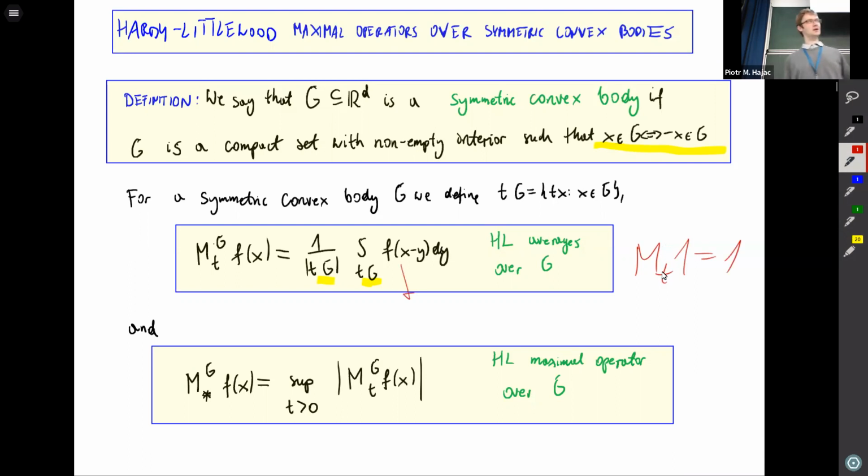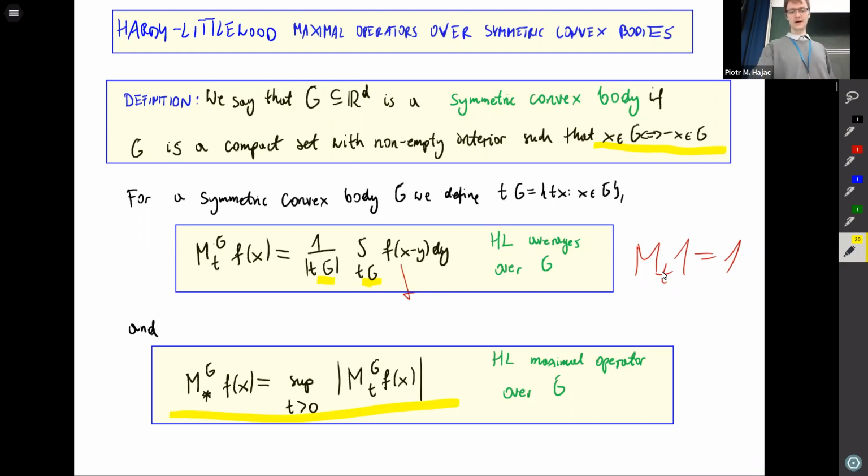So it's really an averaging operator, and I'm not interested very much in this operator, but in the supremum over all times t of this operator. So this is defined here, and it's the maximal function corresponding to those Hardy-Littlewood averages. So the Hardy-Littlewood maximal operator over G.